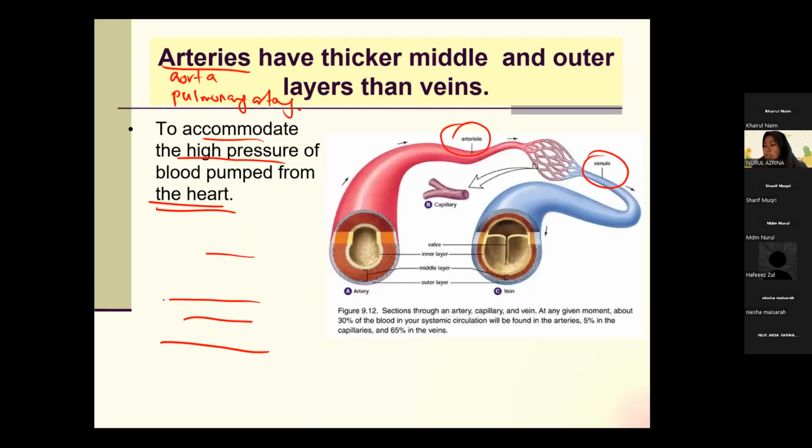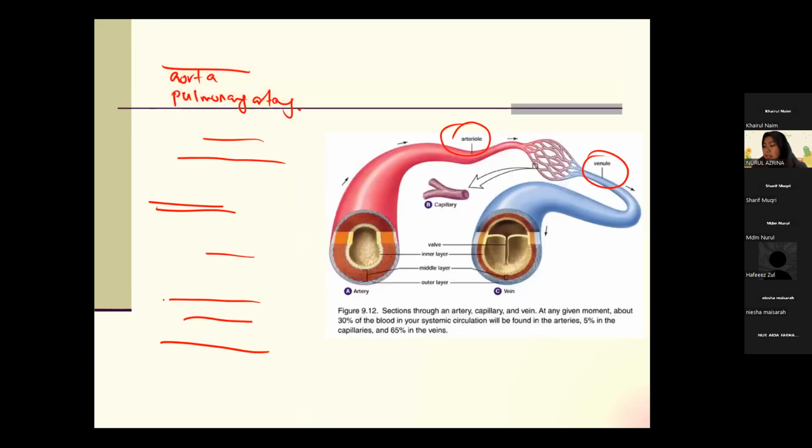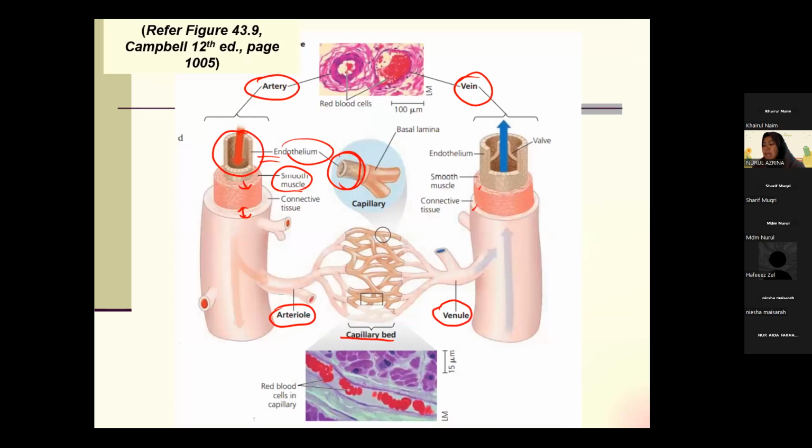That's why you can see in this picture, vein has valve.